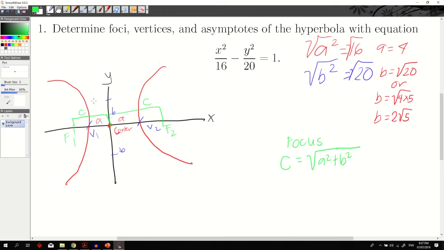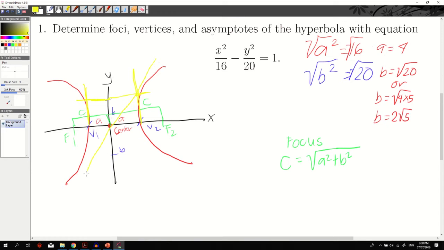The next is the asymptote. The asymptotes should be right there, and also right there. In the asymptote, it is where this b, this covertex, intersects with the vertex like that, so you can see it clearly and it makes more sense.